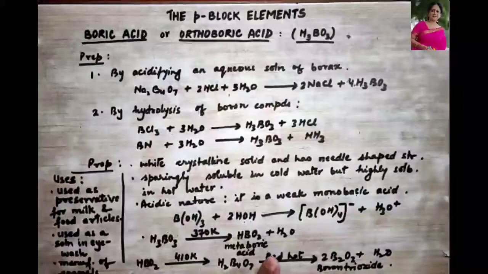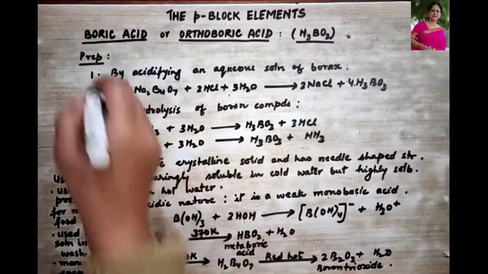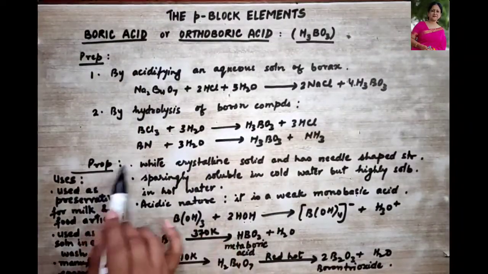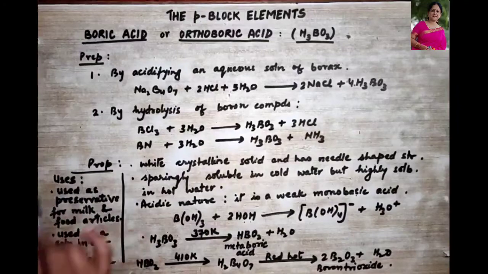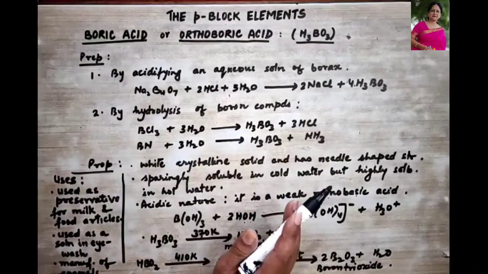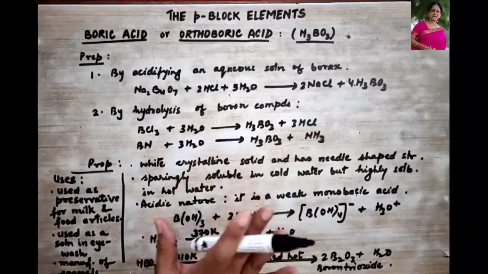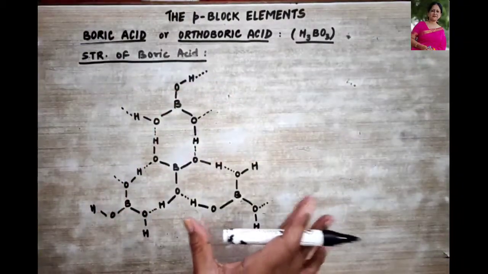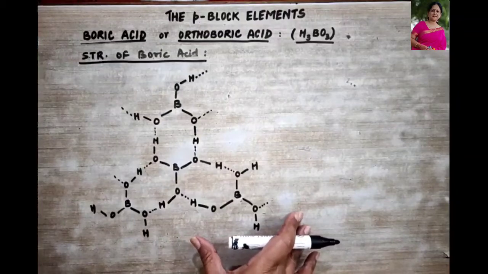So this was all about boric acid. We studied the preparation of boric acid, the different properties of it, and the uses. Now I am going to explain even the structure of boric acid. This is the structure of boric acid.